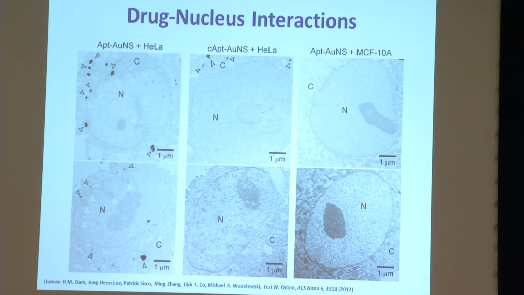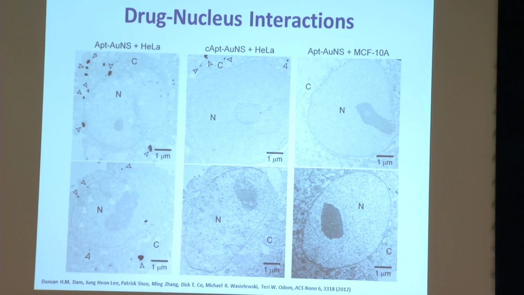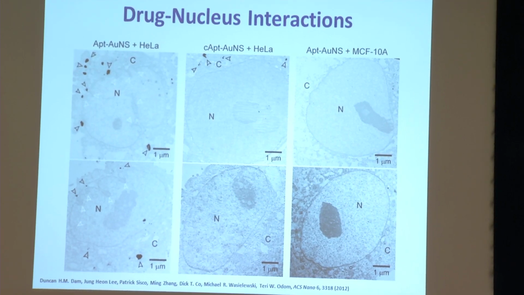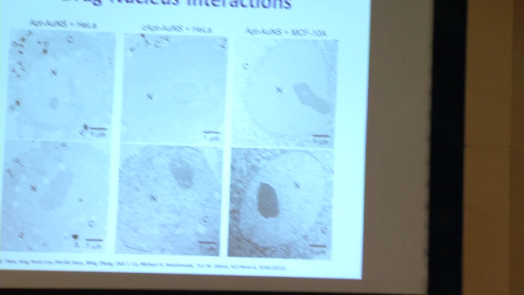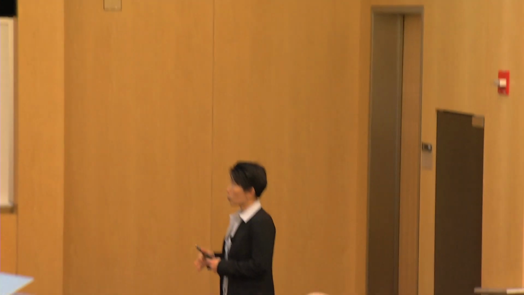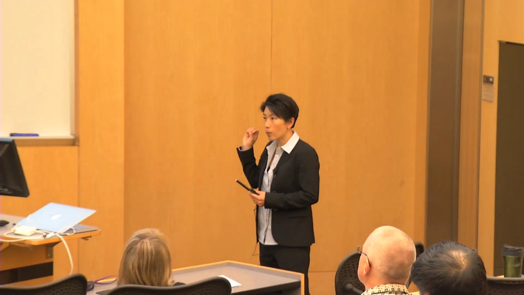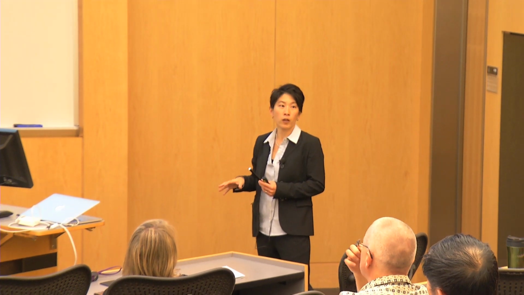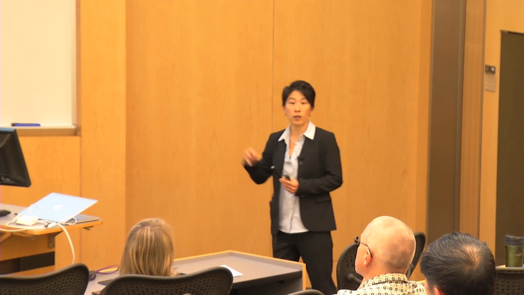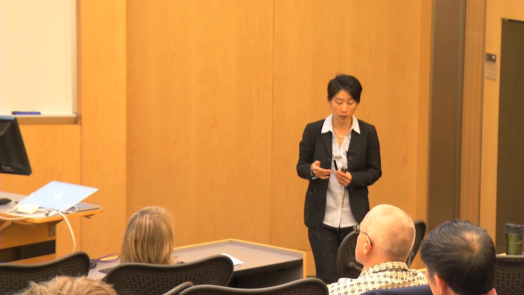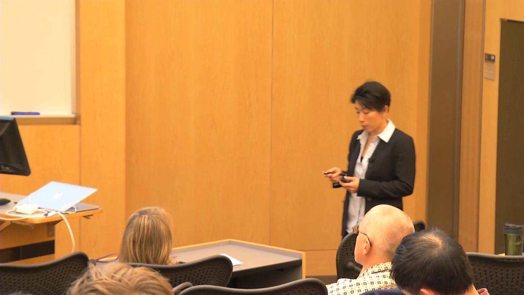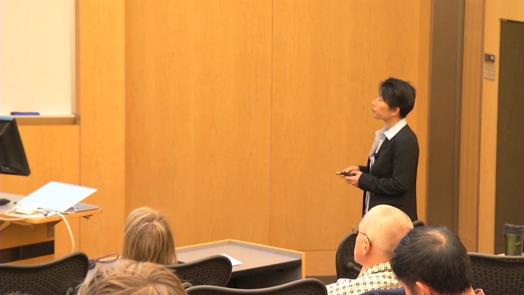The other control that we looked at was another epithelial normal breast cell, and you can see that the nuclear shape looks really nice and there's not any types of deformations. So we also did the control experiment where if you just dump a whole bunch of micromolar concentrations of drug, you can indeed see the invaginations. And so this is an effect of, and potentially could affect the mechanism of how the drug works.